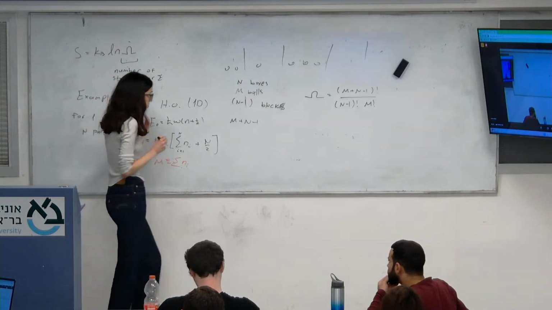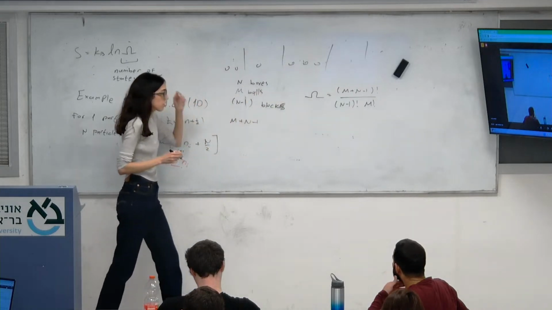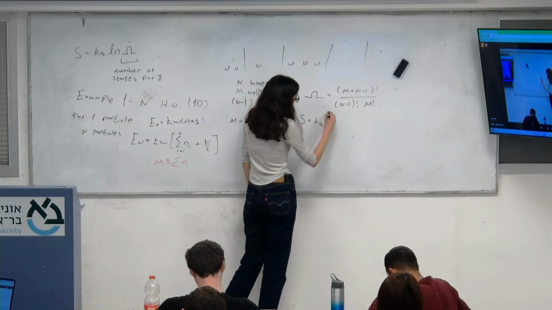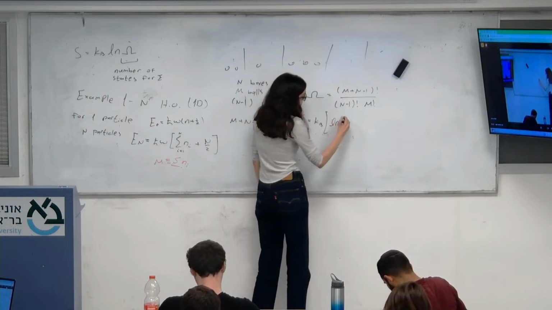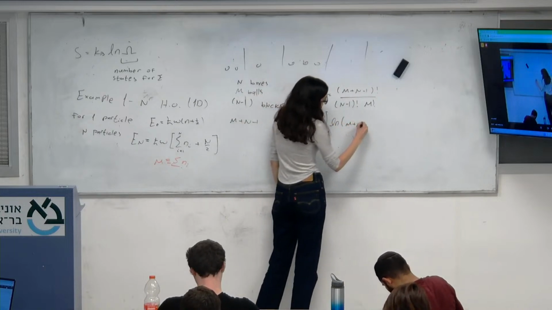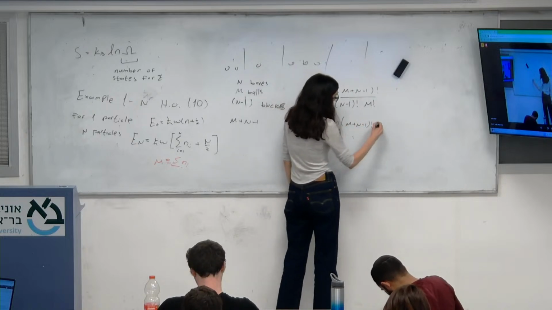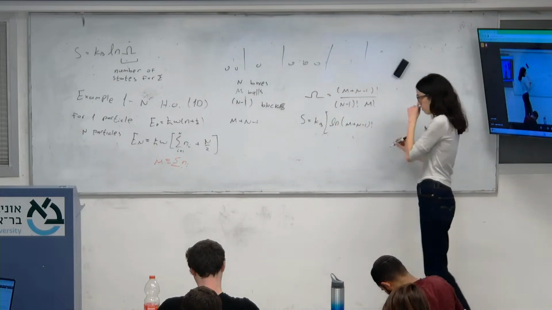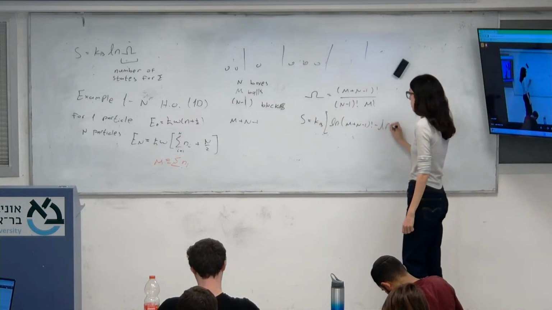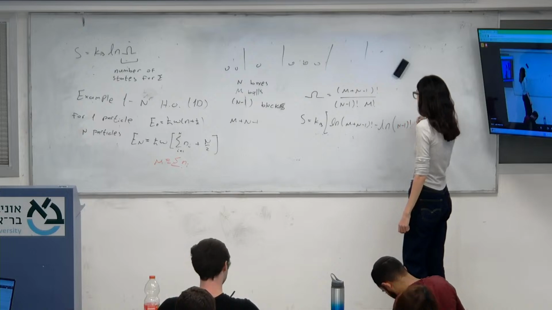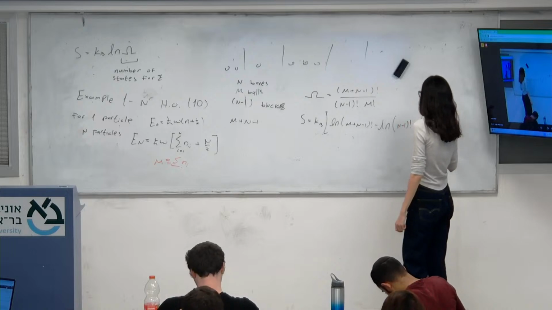If I want to use that to calculate the entropy, this will be k times the ln of (m plus n minus 1) factorial, minus ln of (n minus 1) factorial, minus ln of m factorial.